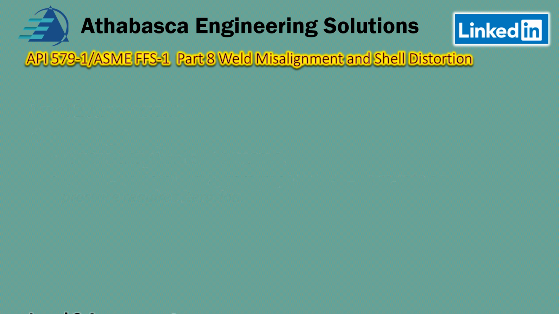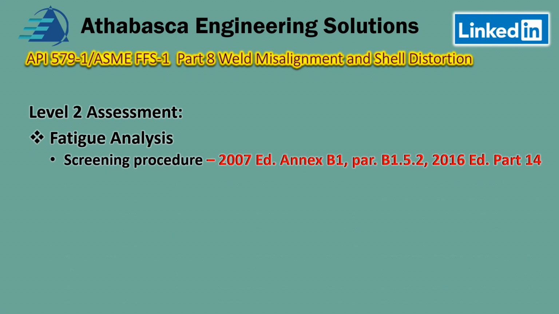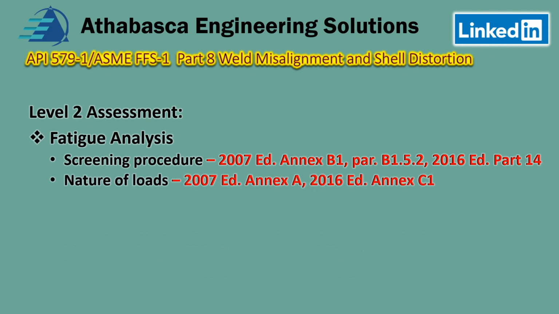More thoughts on Level 2 assessments with regard to fatigue analysis, which you're not able to do at Level 1. It says that there's a screening procedure that you need to follow. In the 2007 edition, you would need to go to Annex B1, paragraph B1.5.2. If you want to see it in the 2016 edition, you need to go to Part 14 to go through that screening procedure.